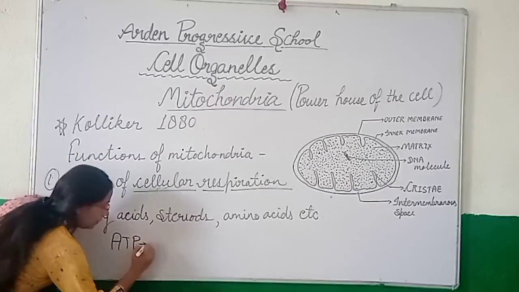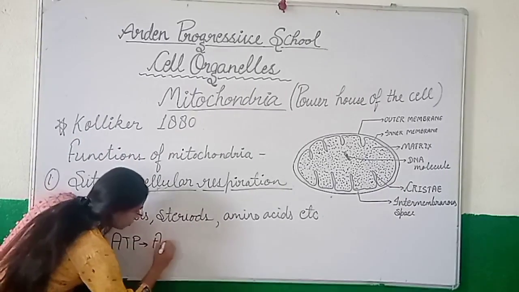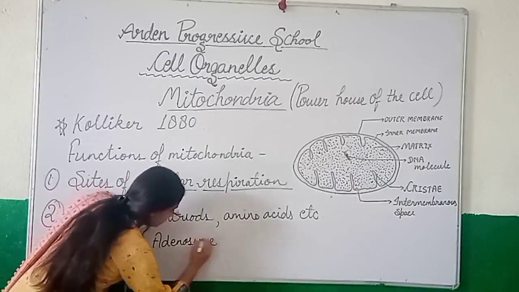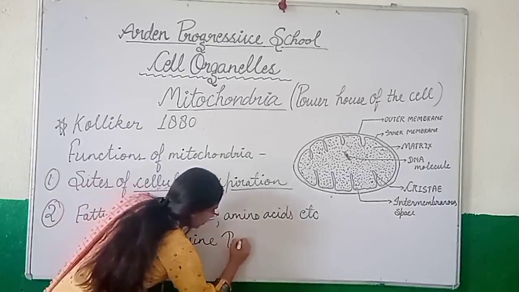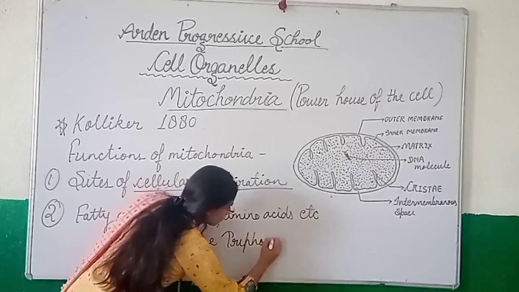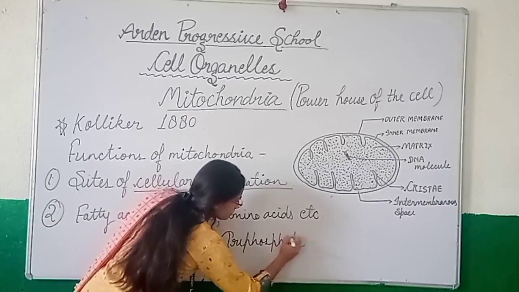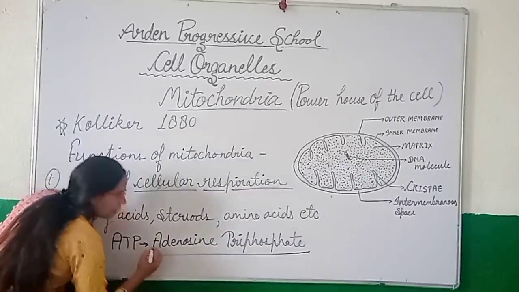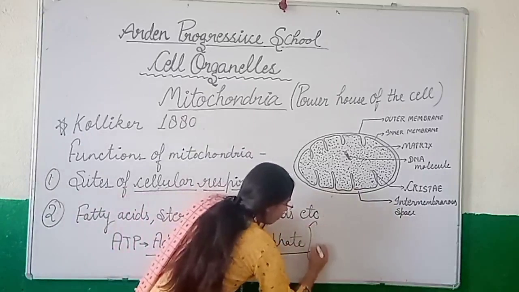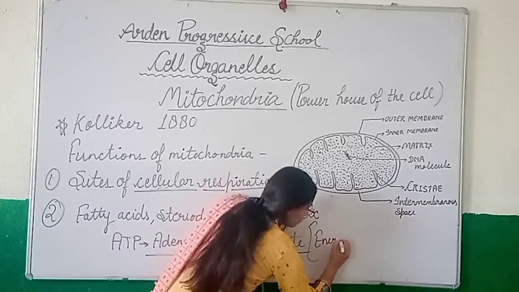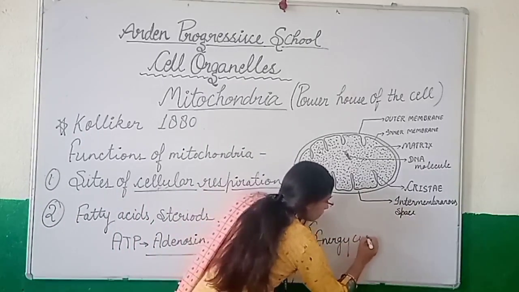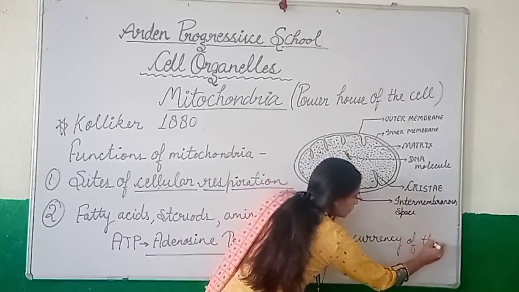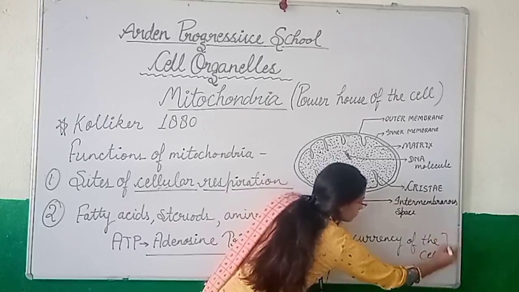The full form of ATP is adenosine triphosphate. And ATP is known as the energy currency of the cell.